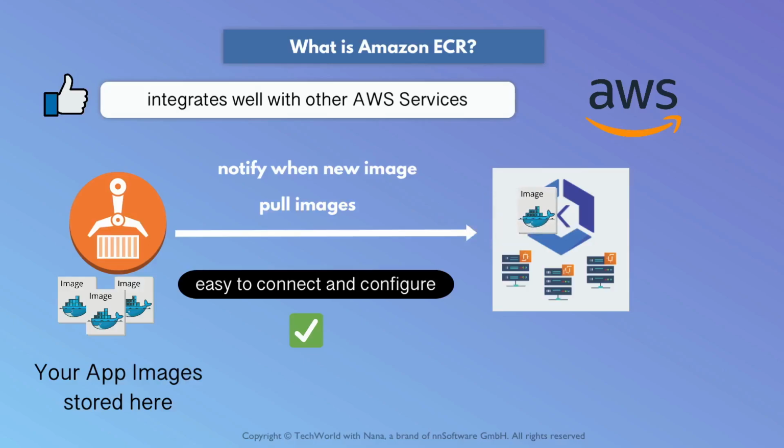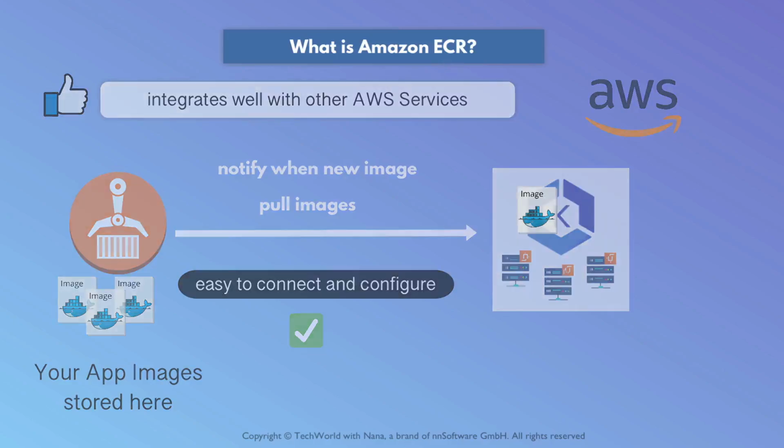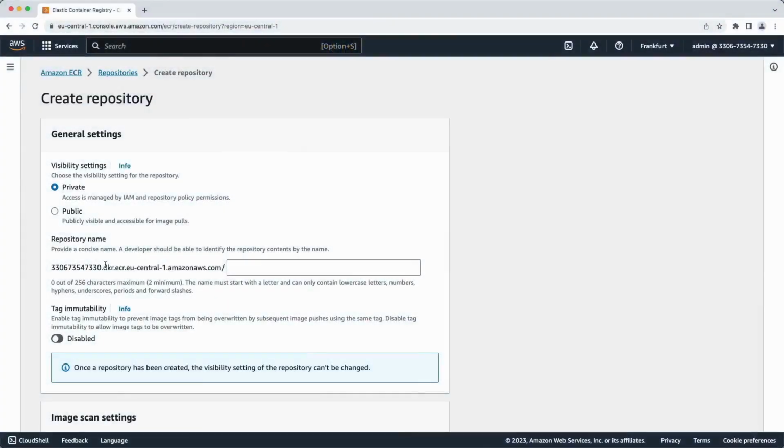And also some other additional features. And of course, you have all those abilities because these are all AWS services, so they are tightly integrated with each other. And ECR is pretty easy and straightforward to use.